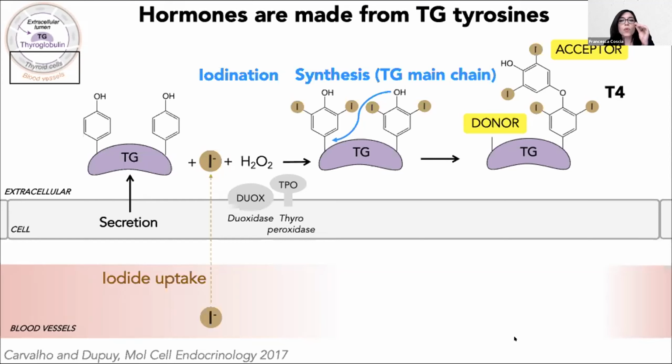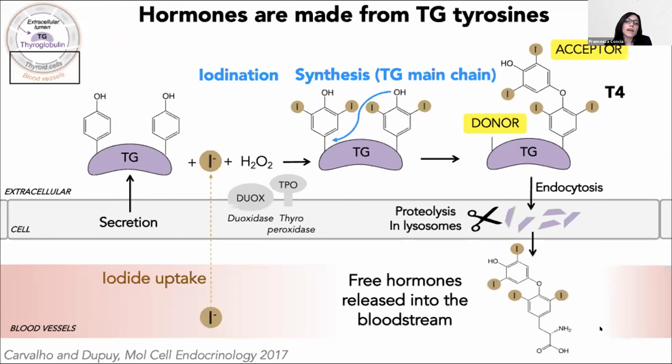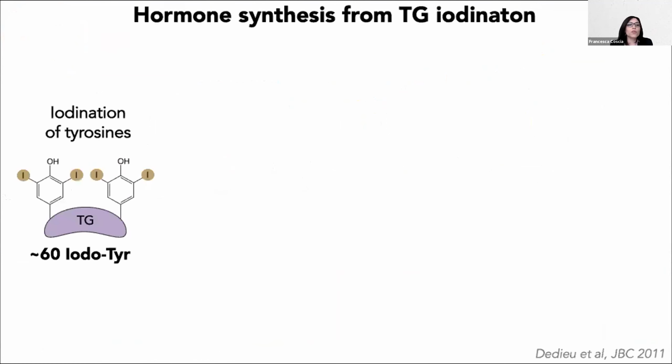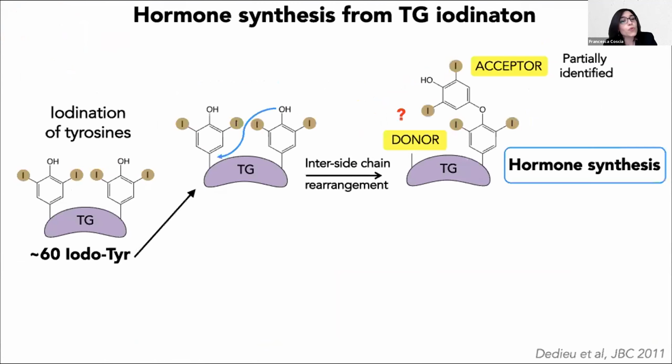So at this stage, the hormones are still attached to thyroglobulin, and to be released, thyroglobulin needs to be internalized in the cell and then proteolyzed in the lysosome to allow the release into the bloodstream. So out of about 120 total tyrosines in TG, about 60 are iodinated, and only a very small number synthesizes hormones.